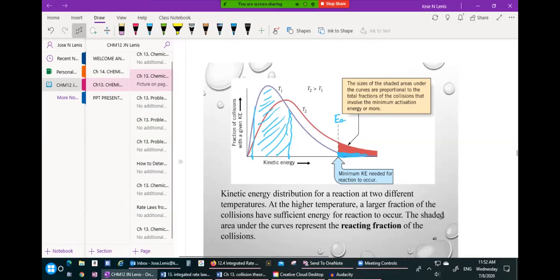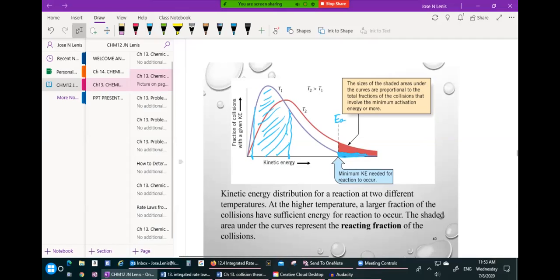In other words, a system running at temperature 1 will have only very few molecules with the right amount of kinetic energy, the right amount of activation energy. So these molecules here have more chances to produce an effective collision if they also have the right orientation when they collide.